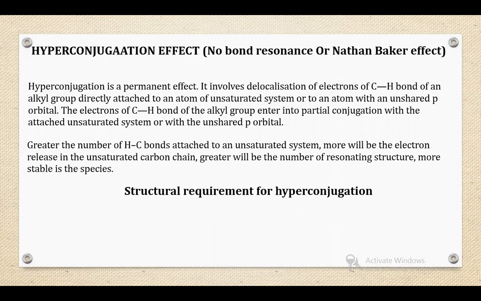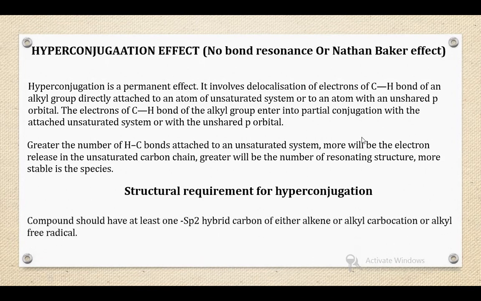In unsaturated compound systems, especially in a benzene ring or a carbon-hydrogen single bond with alternate double bonds, the bond between carbon and hydrogen breaks easily.